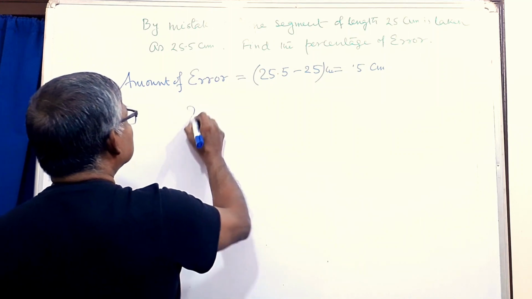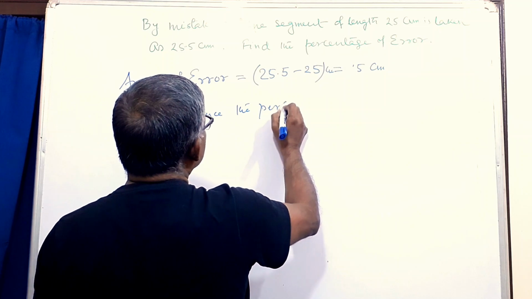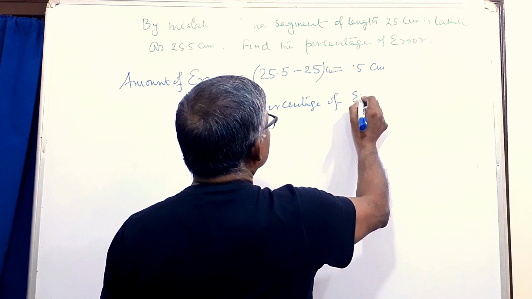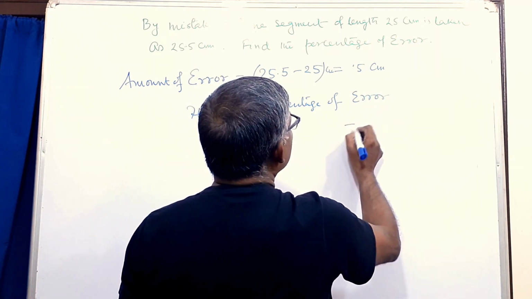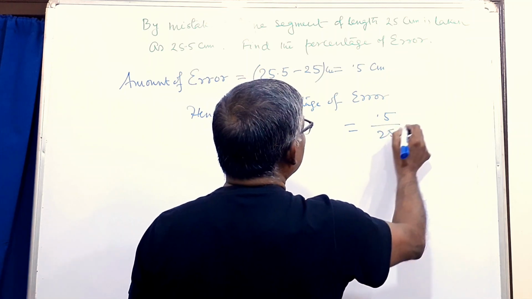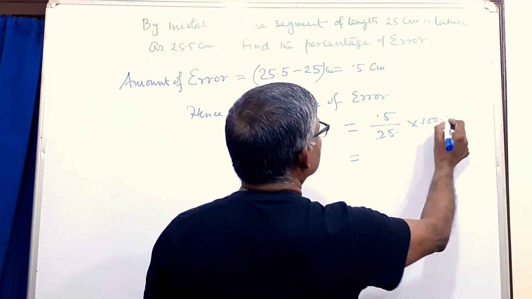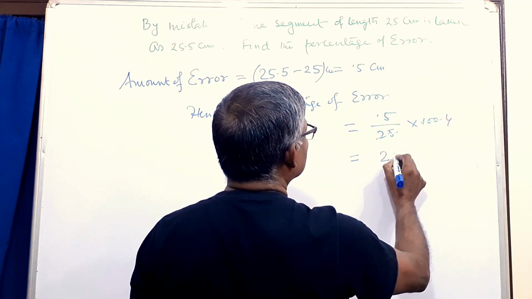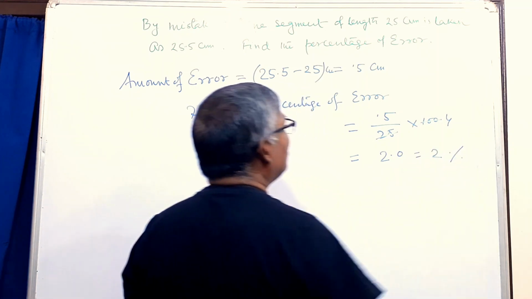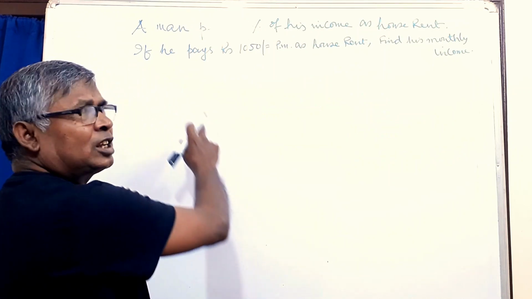Hence, the percentage of error equals to 0.5 by 25 into 100, that equals to 2%.